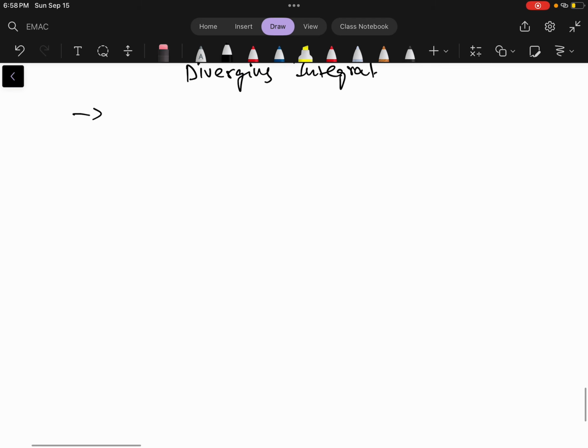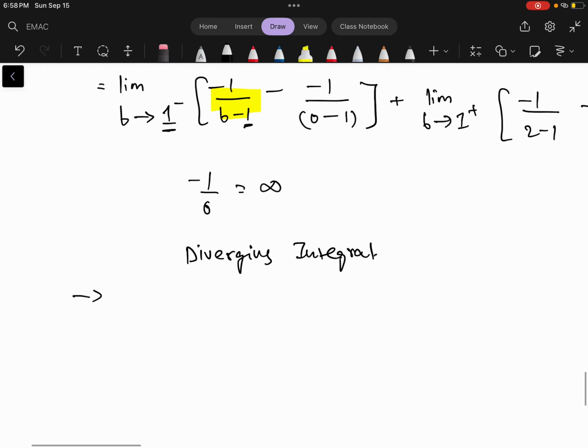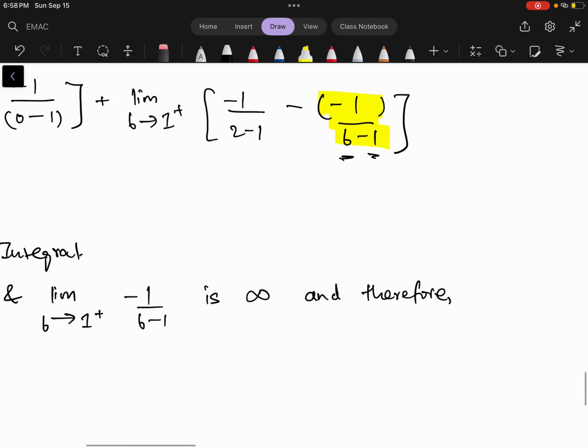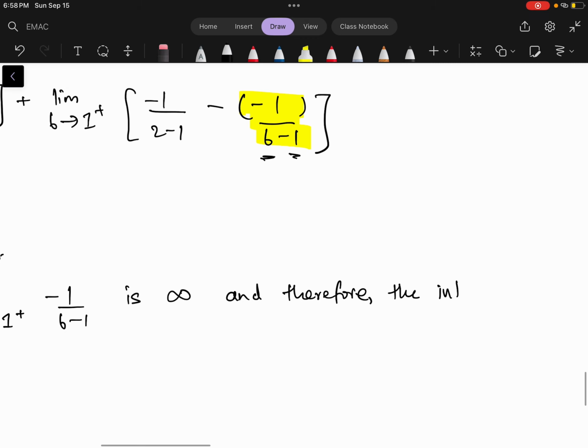So the reason here is because the limit as b approaches 1 minus of negative 1 over b minus 1, and the limit as b approaches 1 plus of negative 1 over b minus 1, is infinity, and therefore the integral is diverging.